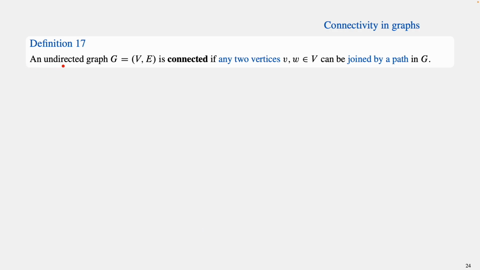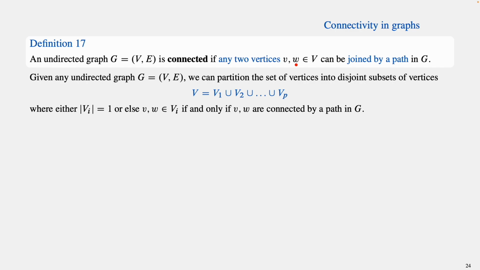Now, for an undirected graph G, we say that it is connected if any two vertices can be joined by a path. So if we are given arbitrary vertices v and w, there's some path starting at v and ending at w. And because it's an undirected graph, of course we have the reverse path going from w to v. What this means is that given any undirected graph G, we can partition the set of vertices into disjoint subsets.